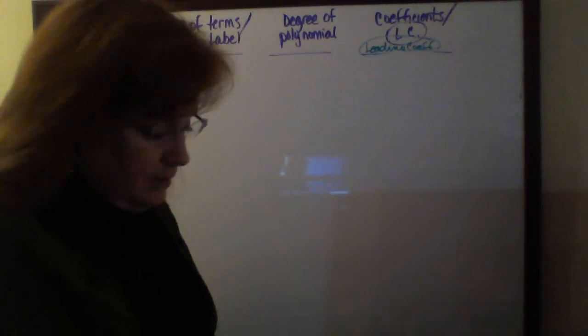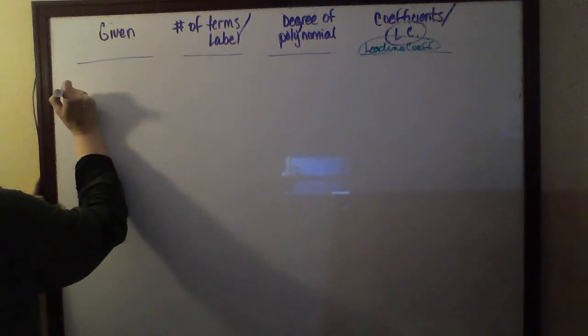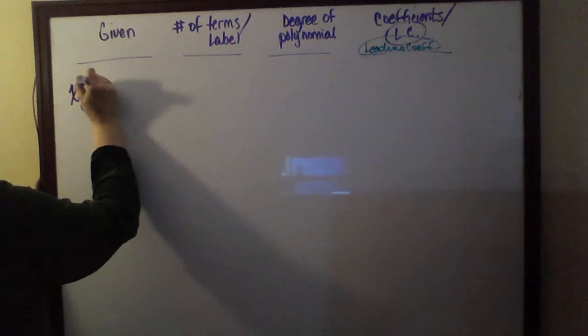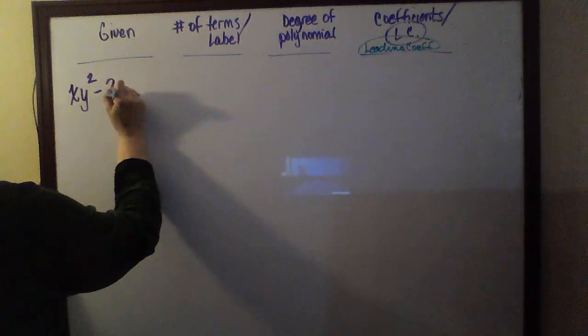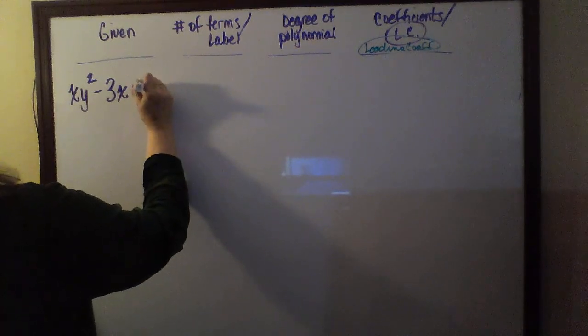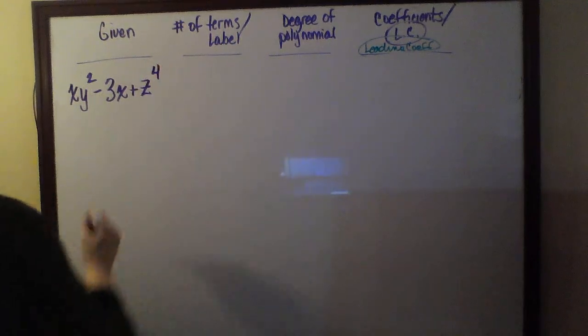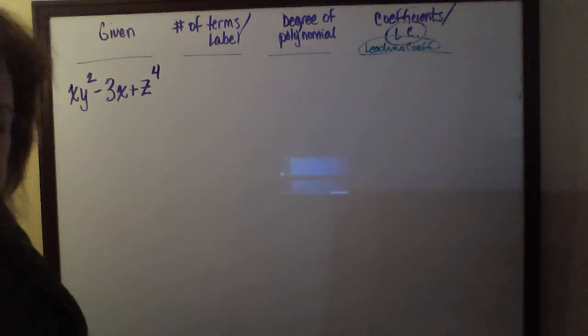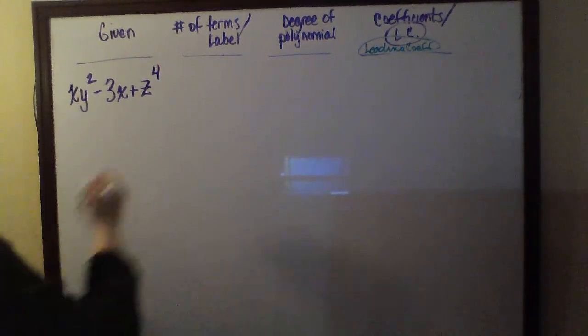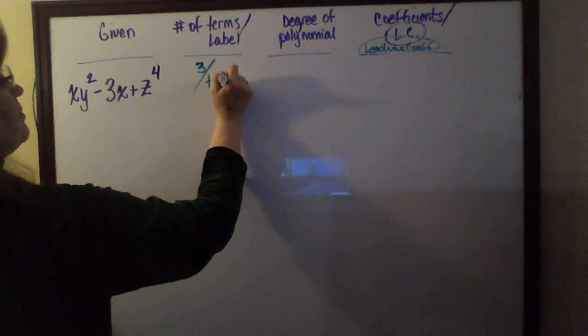So I have something like xy squared minus 3x plus, let's say, z to the 4th. So this is our given. There's 3 terms. It's called a trinomial.